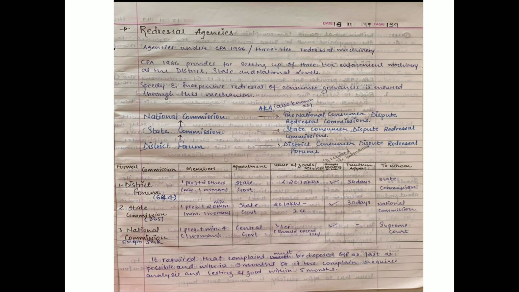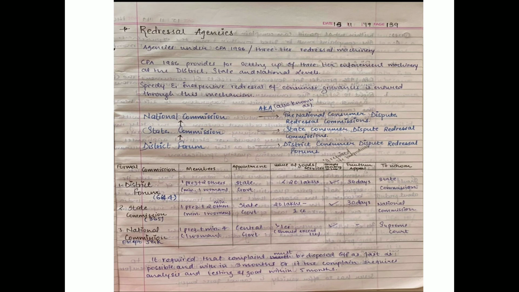The only difference is the value of goods and services column. Here the value of goods and services along with the compensation claim must exceed rupees 20 lakhs, but should be less than 1 crore. What I said earlier about 1 crore was by mistake; this is according to the latest amendment of 2019, right? So if your value of goods and services is between 20 lakhs and 1 crore, you can approach the State Commission directly. Remember it well, you do not have to go to the District Forum, right? If the value is above 20 lakhs, including the compensation that you want from the opposite party, then you can go directly to the State Commission, right? And if it is less than 20 lakhs, then you have to go to the District first. Everything is the same, only the change is in the last column also.